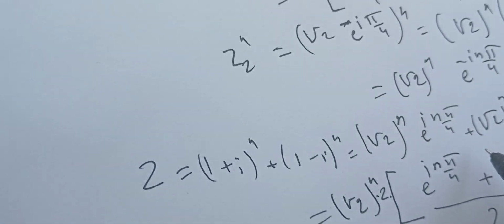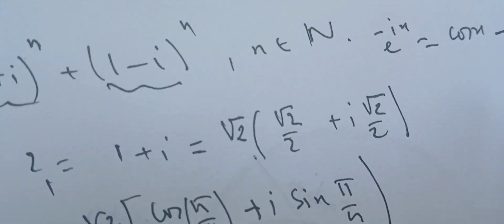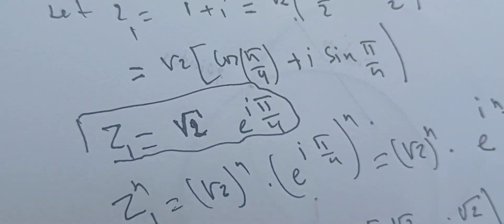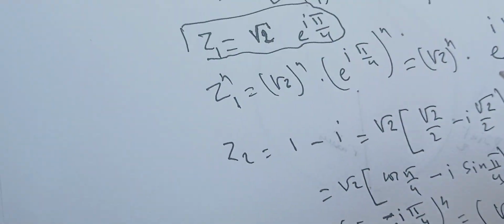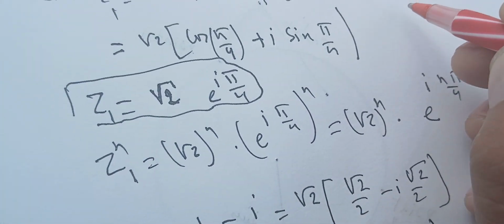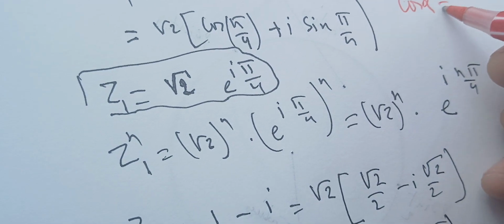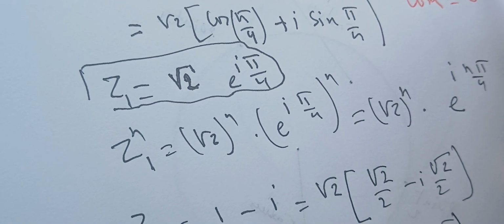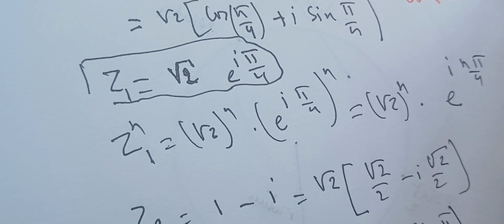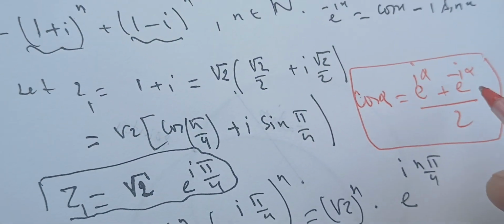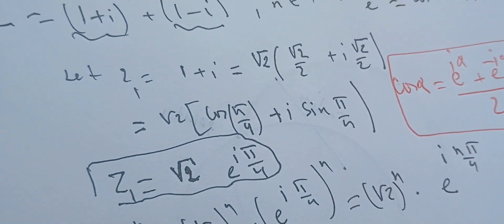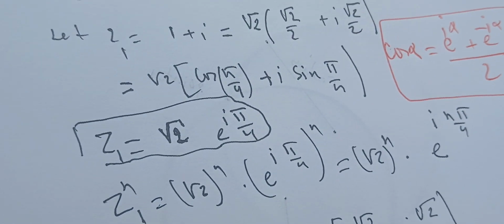Remember, in the exponential form, cosine alpha is e to the i alpha plus e to the minus i alpha over 2. Here, think of alpha as n pi over 4.